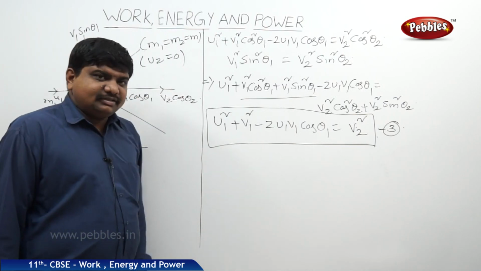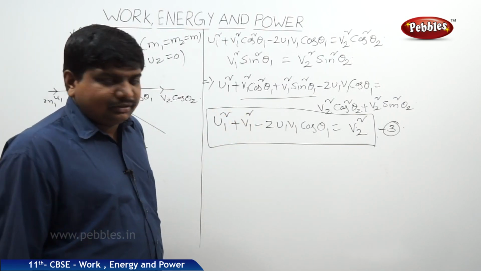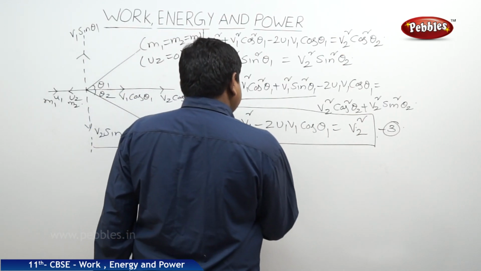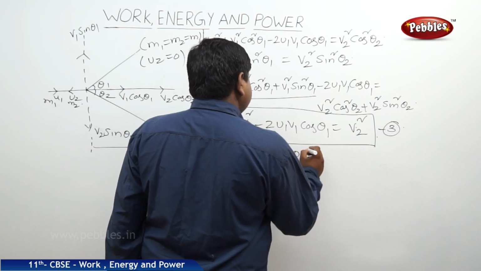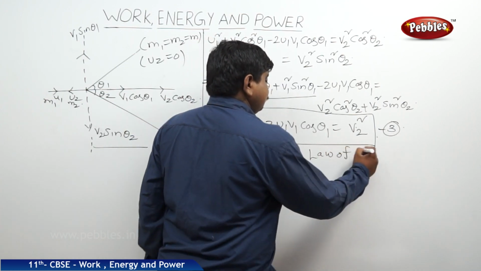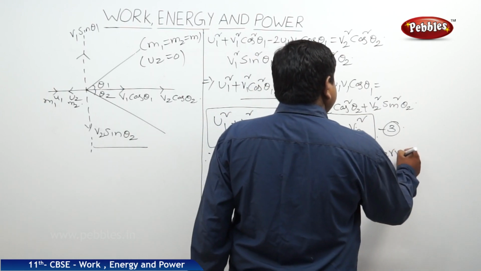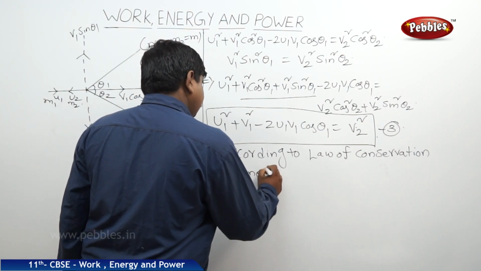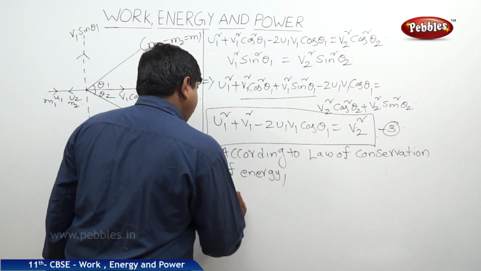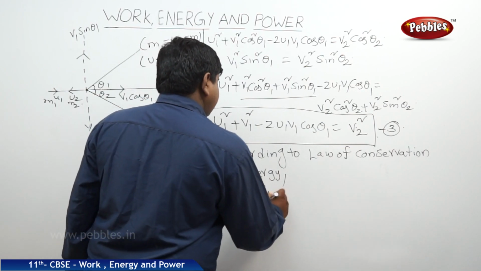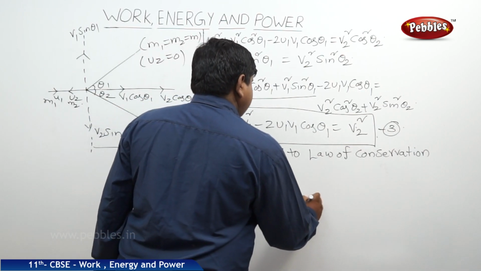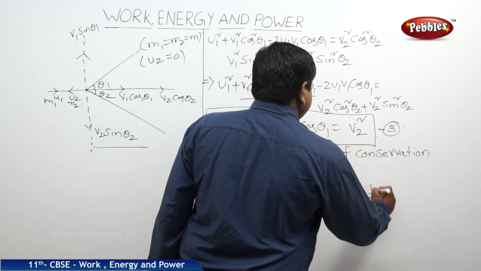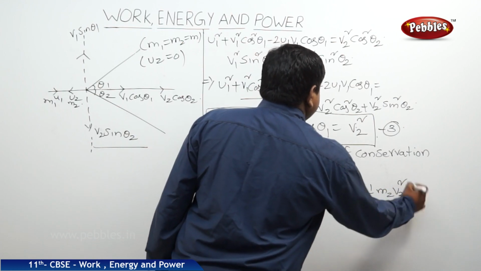After applying the law of conservation of momentum, this equation we got. But according to law of conservation of energy, half m1 u1 square plus half m2 u2 square is equal to half m1 v1 square plus half m2 v2 square.